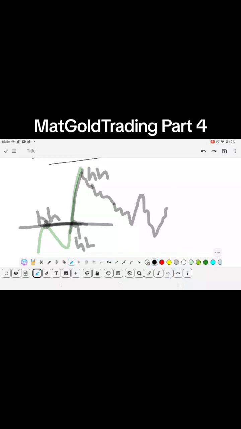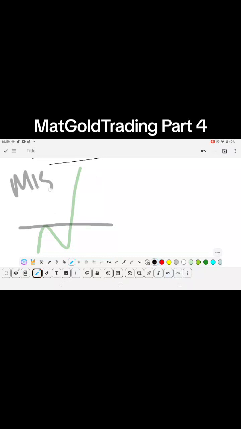So to avoid all that, we're gonna introduce a second time frame. The market looks like this on the M15 time frame. On this side we're gonna introduce the M1 time frame, the 1 minute time frame.